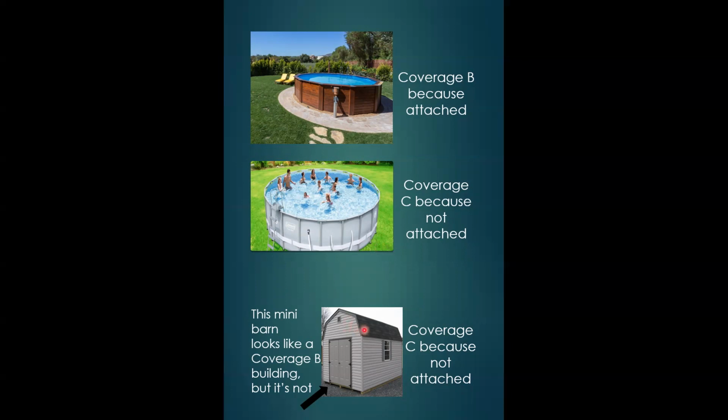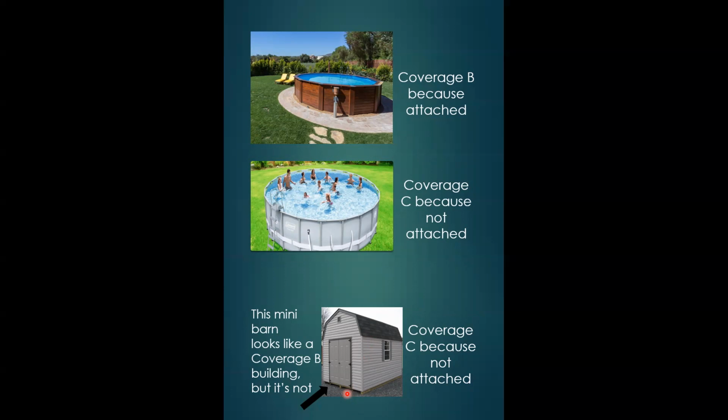Let's take this example to another level. Look at this mini building, this little mini shed, mini barn, right? You could have that delivered from Lowe's or Home Depot any day of the week. And it sure looks like a building, and it sure looks like it ought to be coverage B, a building structure. But wait, is it on a slab or not? A structure is permanently attached to the real estate.